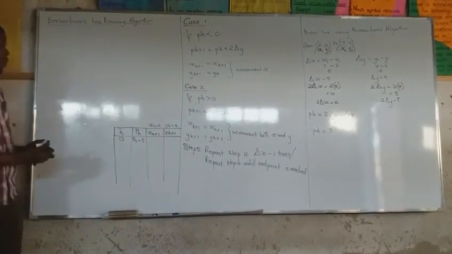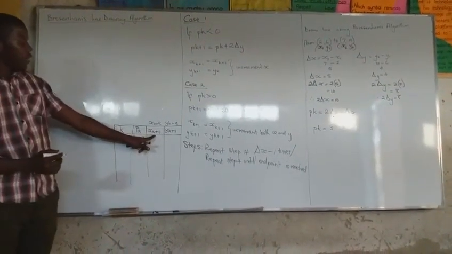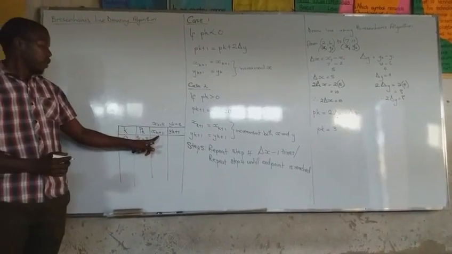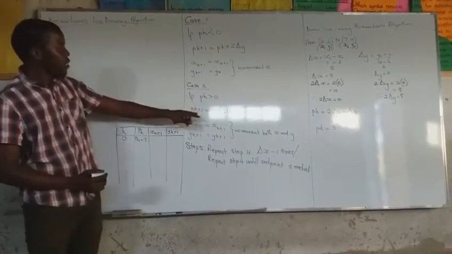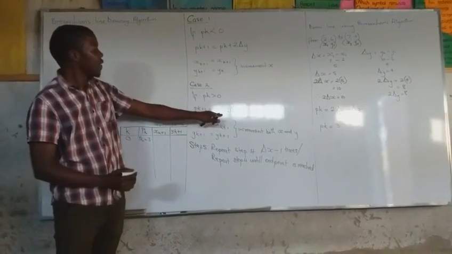Right. So we are now calculating the next value for x and the next value for k, and we are using case 2.